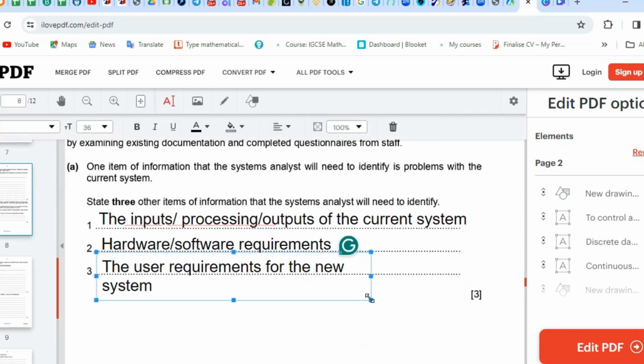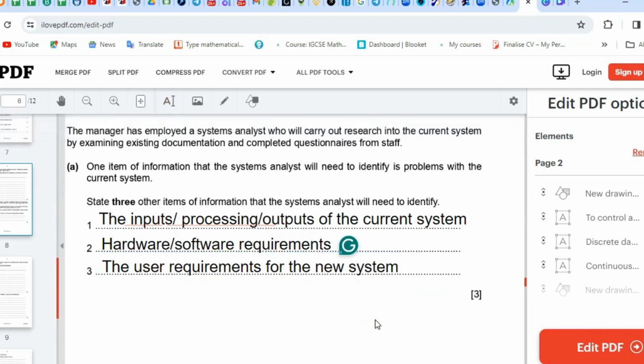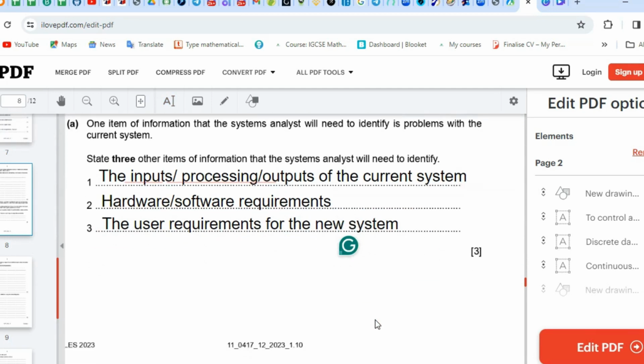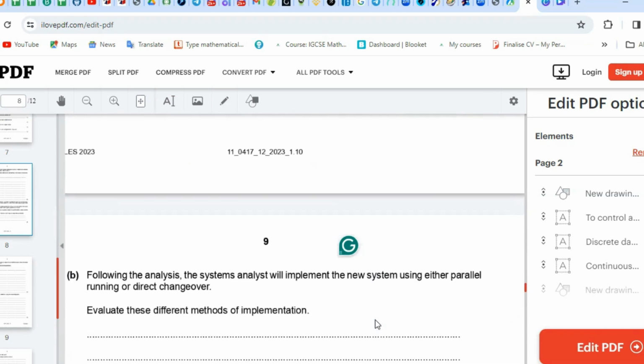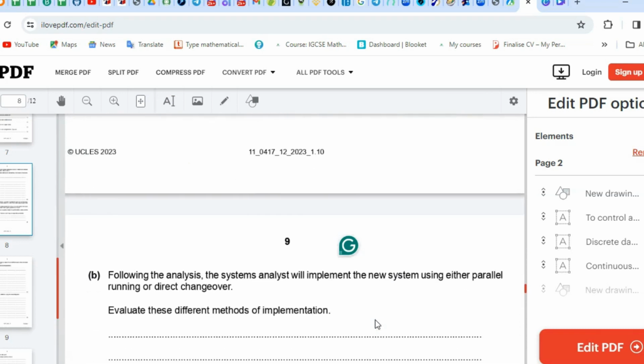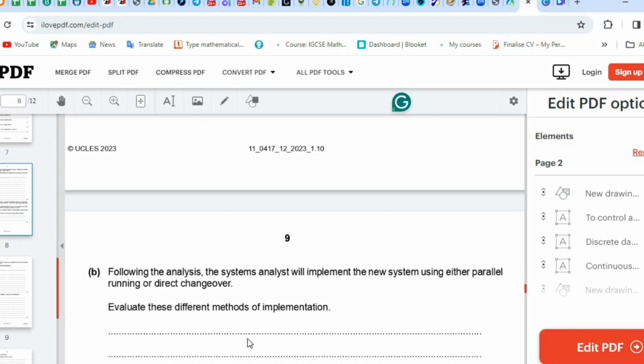All right, moving on. We have question 10B. 10B says, following the analysis, the system analyst will implement the new system using either parallel running or direct changeover.